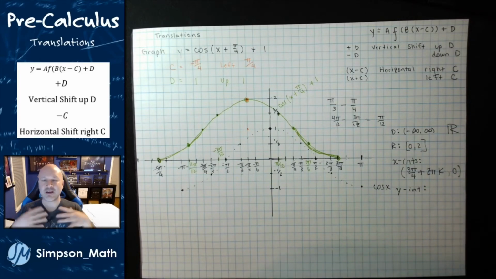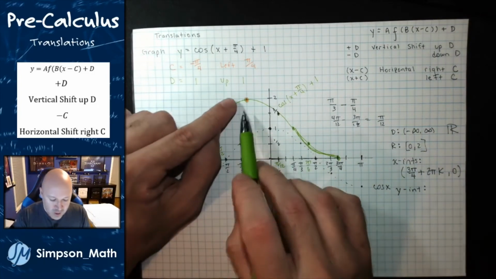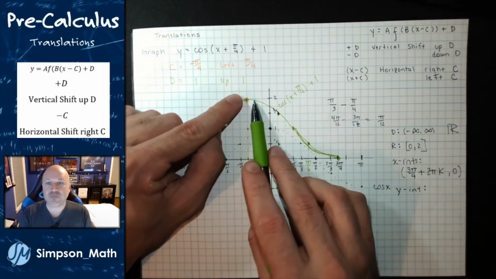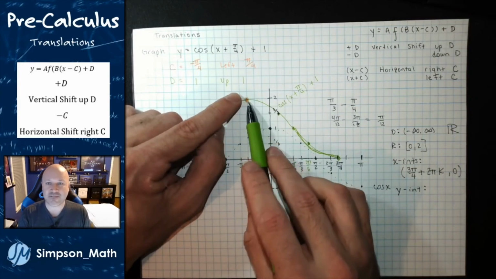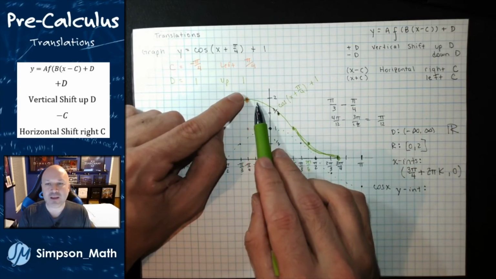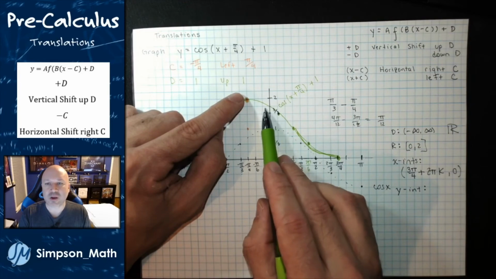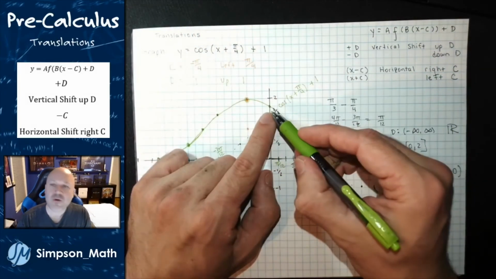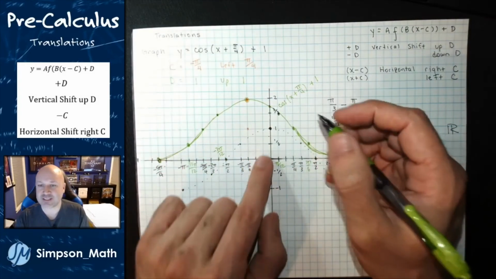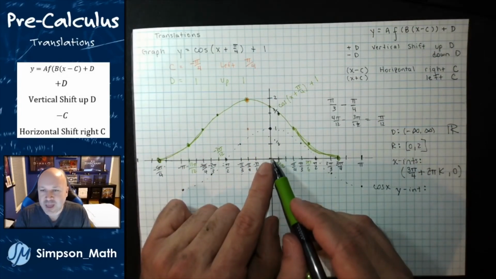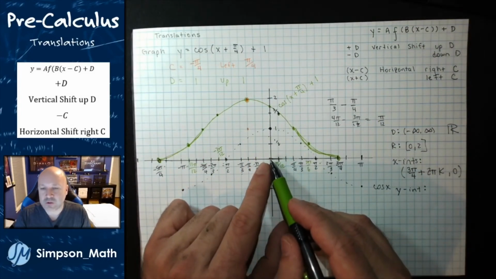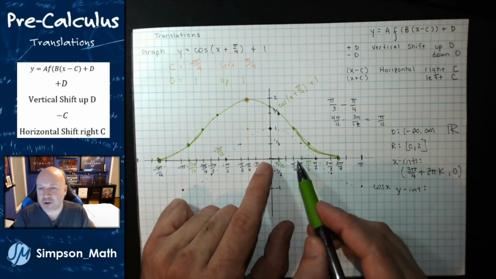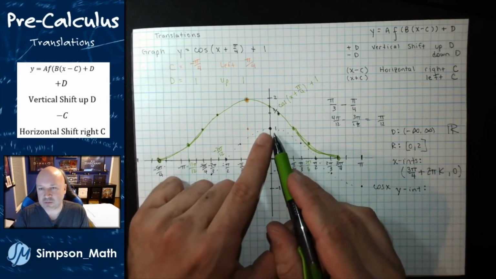But I want to do everything using these transformations. So knowing that this is my high point on the green graph and that my y-intercept is 3 squares away, or pi fourths distance. So if I were to start at the origin, 3 squares is pi fourths.